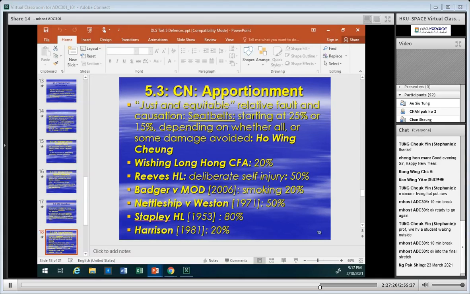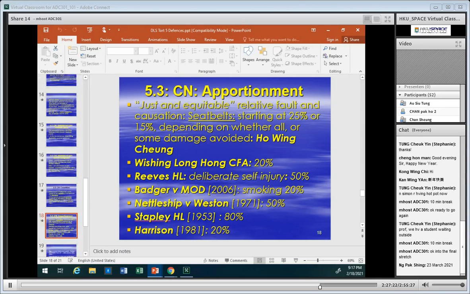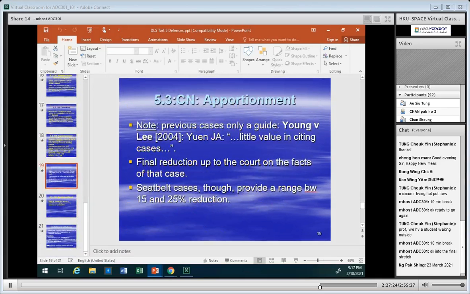So I've got all these cases on the screen which are interesting, but this PowerPoint summarizes it quite neatly. All of those cases are quite interesting, but previous cases are only a guide, said Madam Justice Maria Yuen, who is married to our previous Chief Justice, Geoffrey.